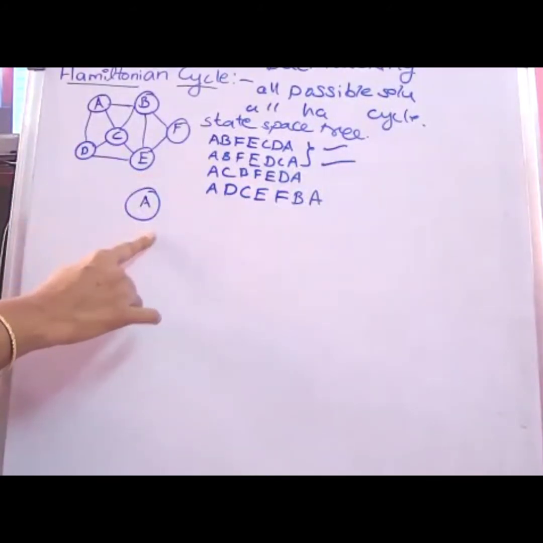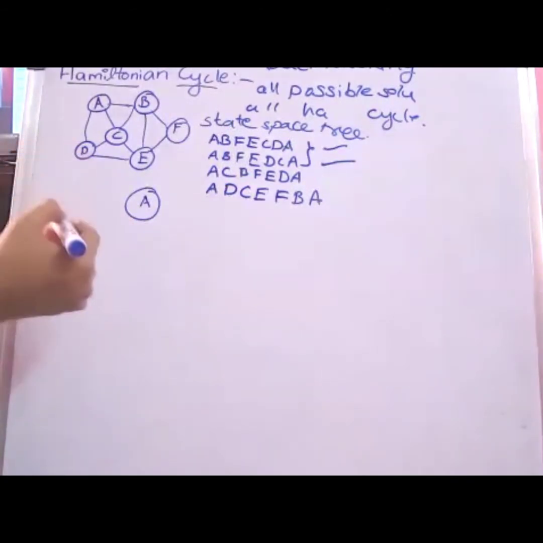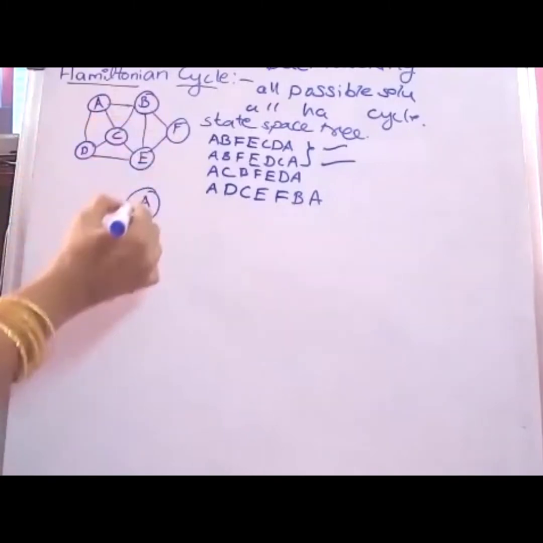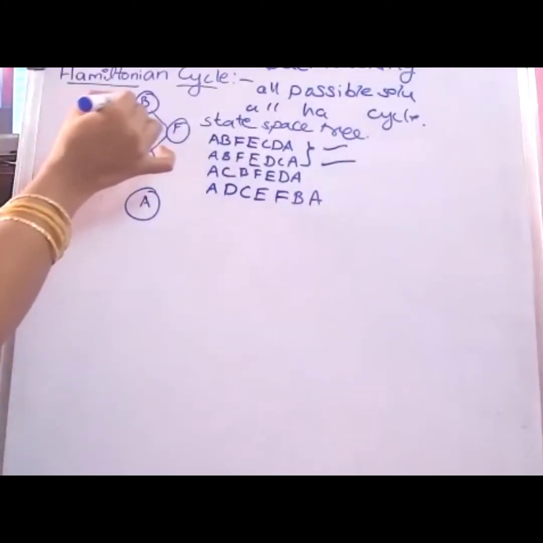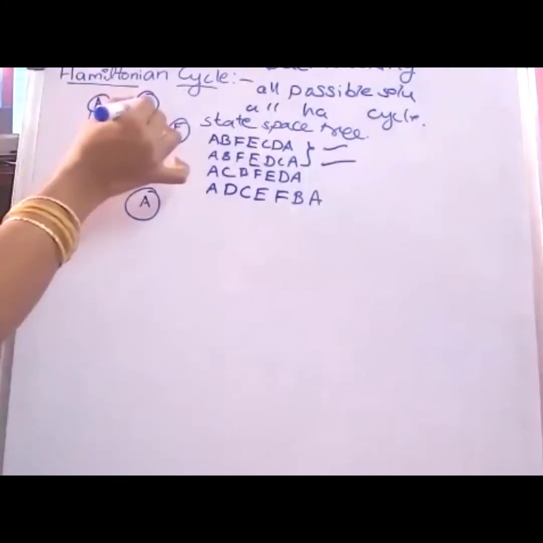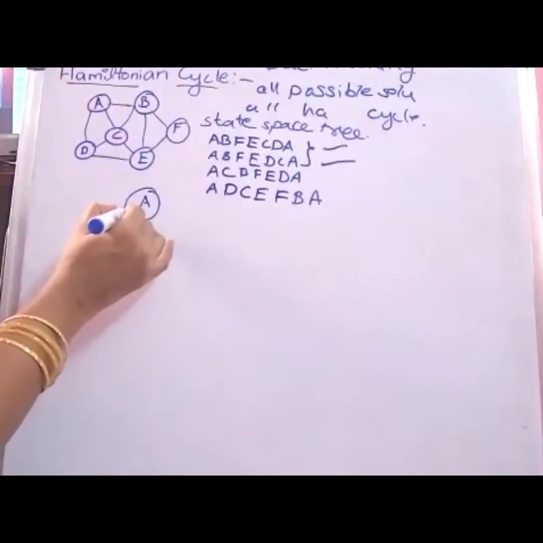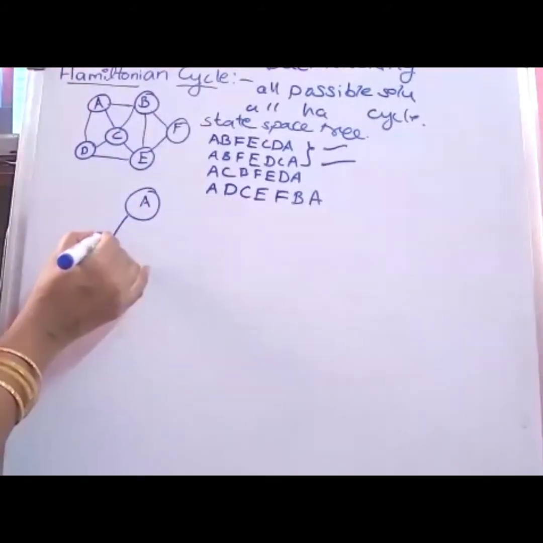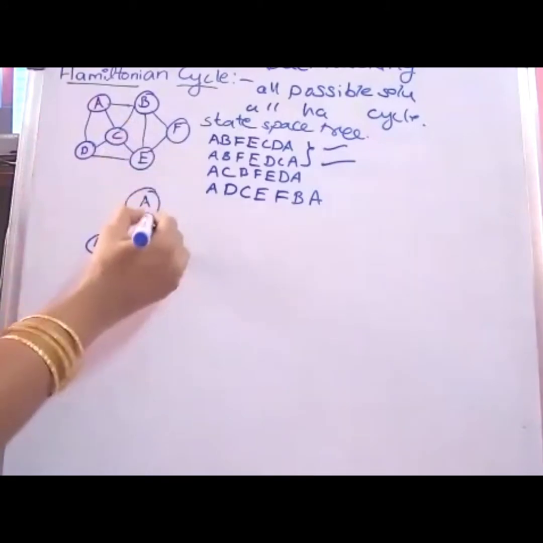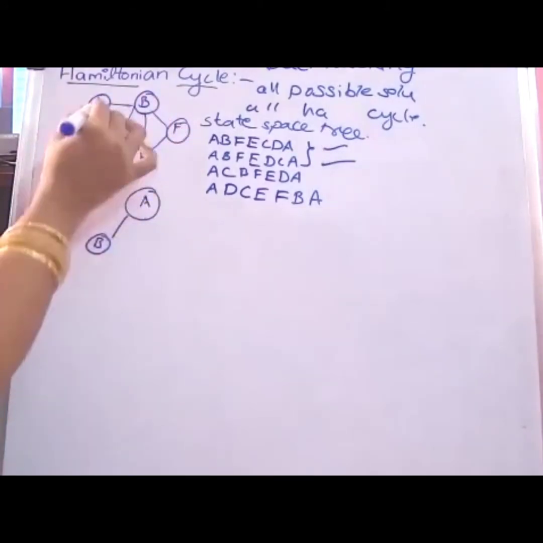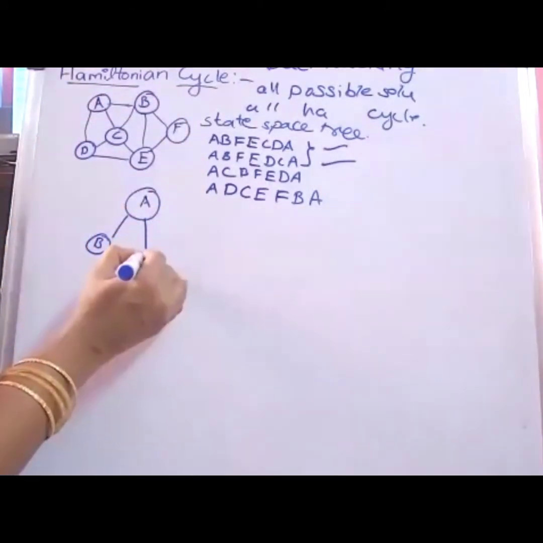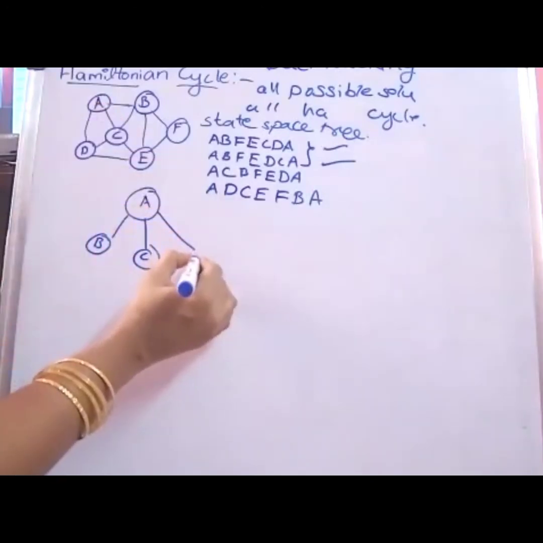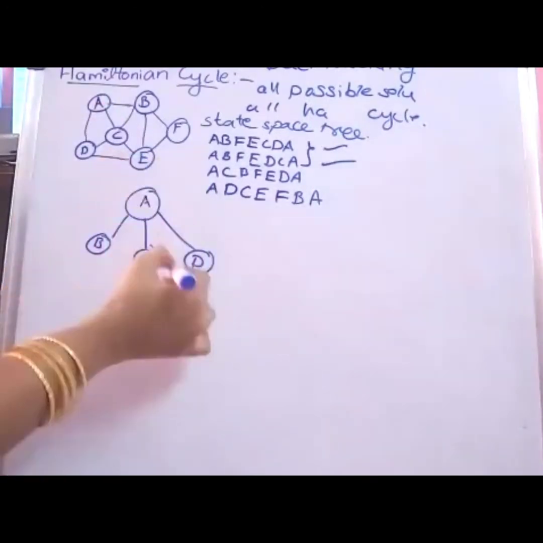So here I'm starting the state space tree with A. After this, I go through this way. For A, the adjacent vertices are B, C and D. All possible paths from A are B, C and D, so we can go through all these paths.